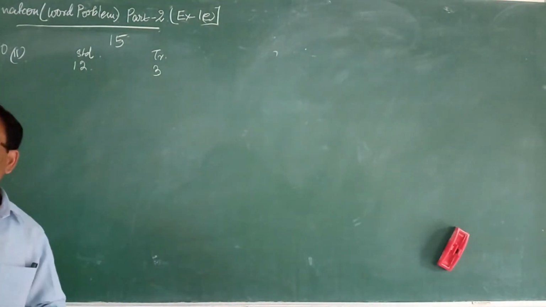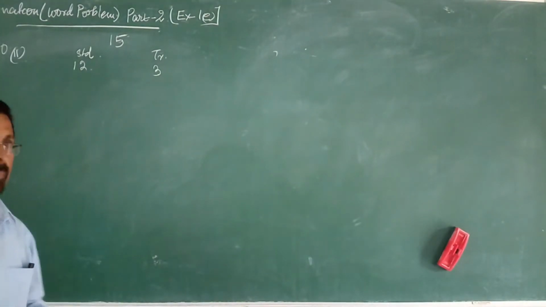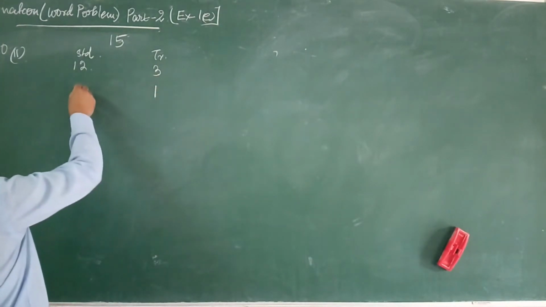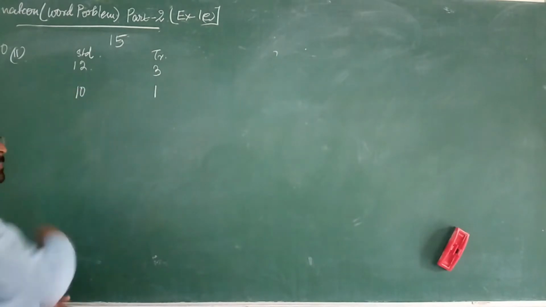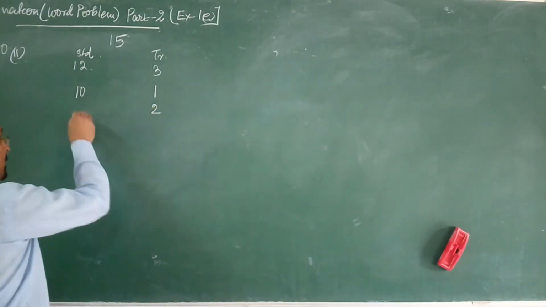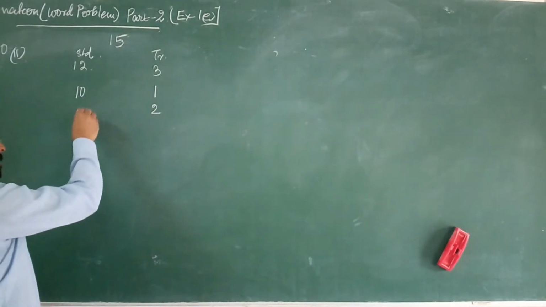So then what is the total number of ways in which the team can be selected? The first possibility is that we can have one teacher, then in that case we will have a total of 10 from the students. And if we have 2 teachers, then there can be 9 students.